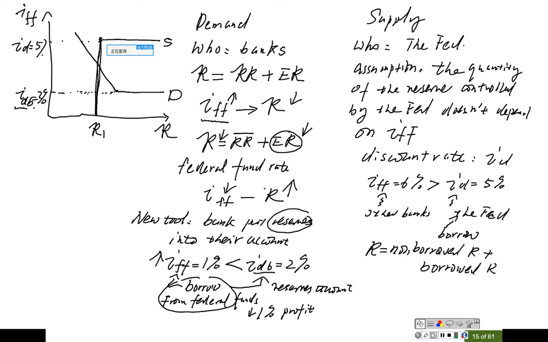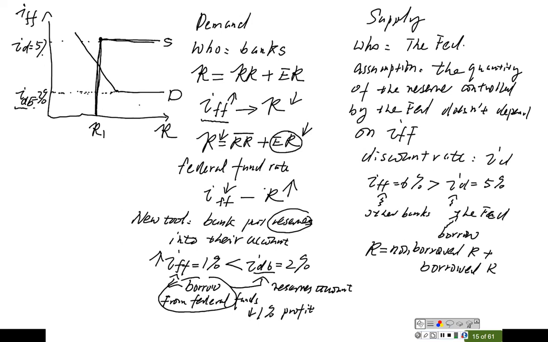So everything above R1 is borrowed reserve. So that explains why initially the supply curve is vertical, but after the federal funds rate reaches above the discount rate, the curve becomes horizontal.